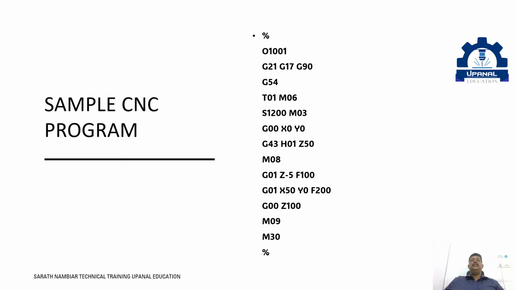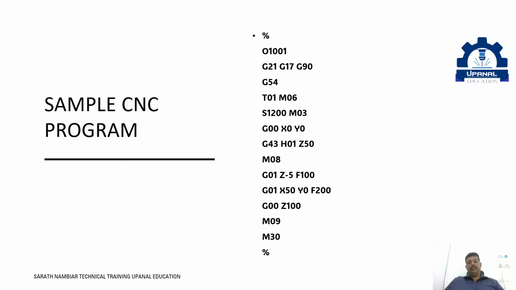Just understand a structure. Once you understand how a CNC program is arranged, learning becomes very, very easy. Learning the codes becomes very easy later. So from the next slide onwards, we are going to take the same program and break it slowly, one line at a time, and by the end, you will treat a basic CNC program with confidence.